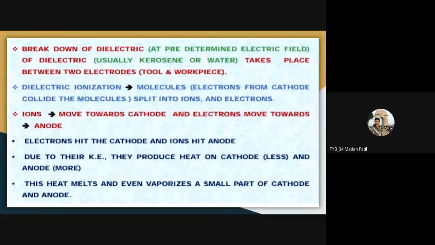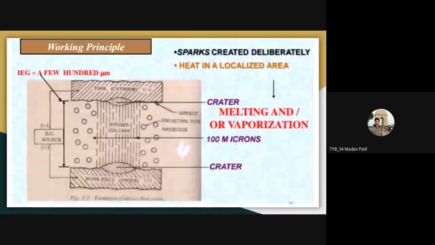And negatively charged particles, that means the electrons, break loose from the cathode surface, that means from your tool, and move towards the anode surface under the influence of the electric field force. During this movement in the inter-electrode gap, electrons collide with the neutral molecules of the dielectric.